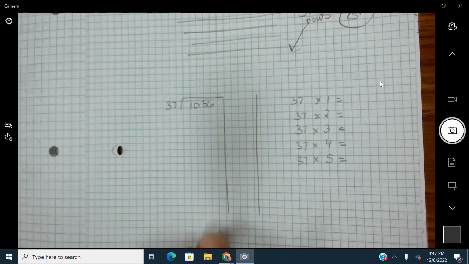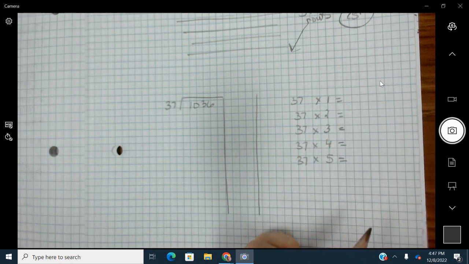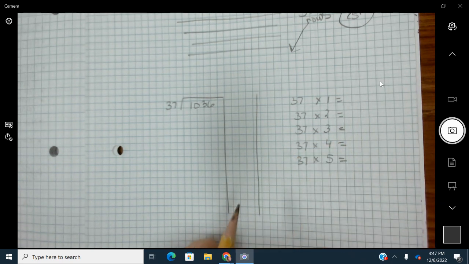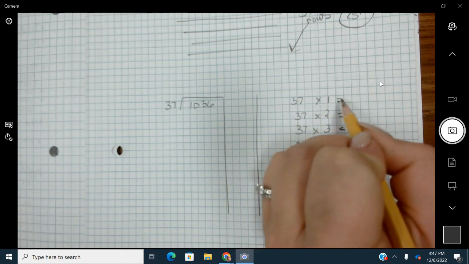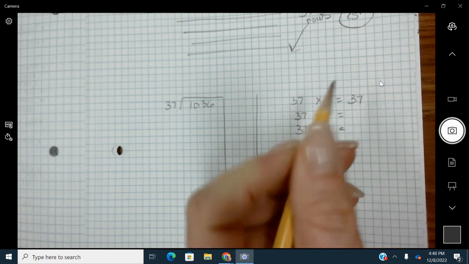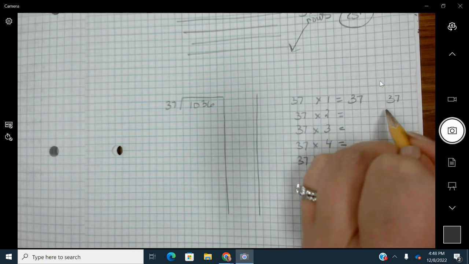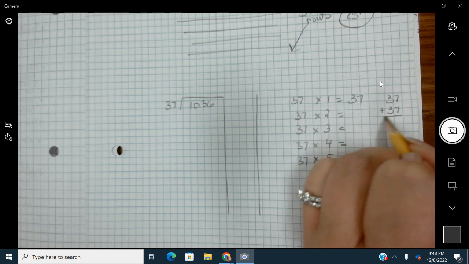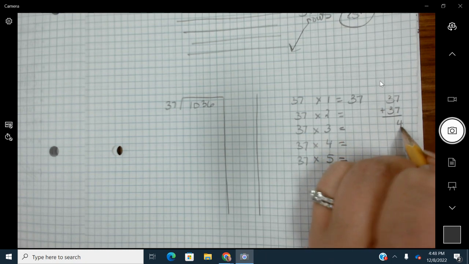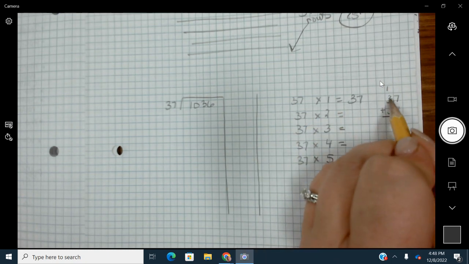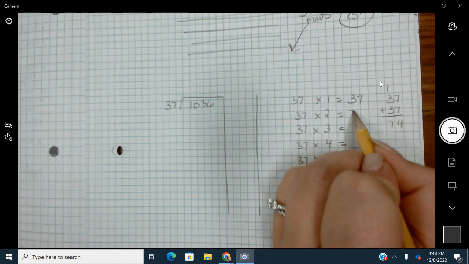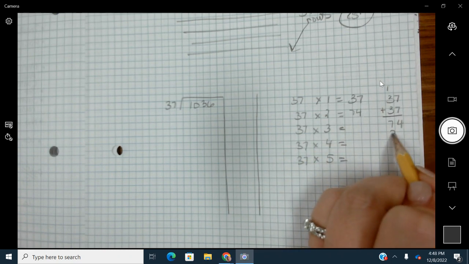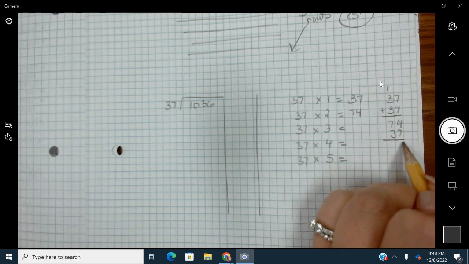So the next step I ask them to do is to at least find their first five 37s, their first five multiples of 37. 37 times 1 is 37. And then I ask them to just add 37 plus 37. 7 plus 7 is 14. Add my 1, 6, 7. So then 74. And then 37 again. 4 plus 7 is 11.